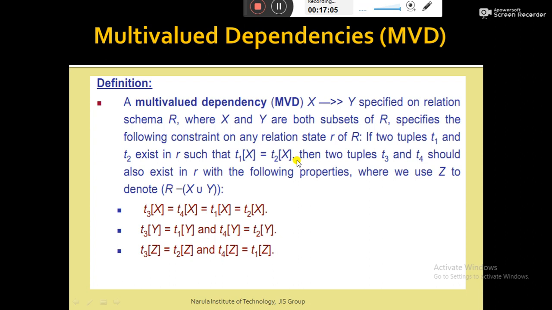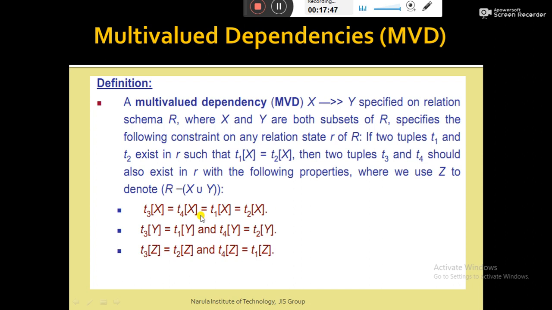Consider another attribute Z, which is not the same as X and Y. Then these conditions should be satisfied: T3[X] equals T4[X] equals T1[X] equals T2[X], T3[Y] equals T1[Y], and T4[Y] equals T2[Y], and similarly T3[Z] equals T2[Z] and T4[Z] equals T1[Z].